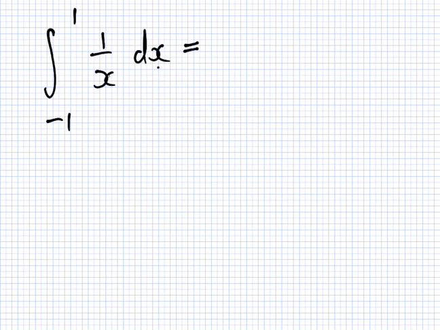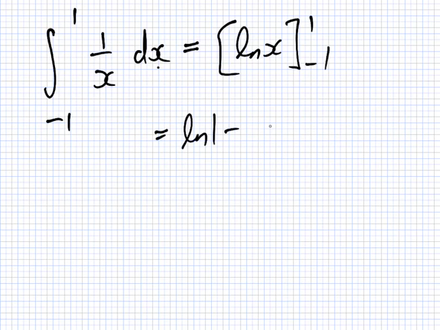This equals, what's the antiderivative here? Log x. Now straight away I hope you see that there's a problem here. It's log 1 minus log minus 1, which is no good. So in fact, in this case, you cannot calculate it.